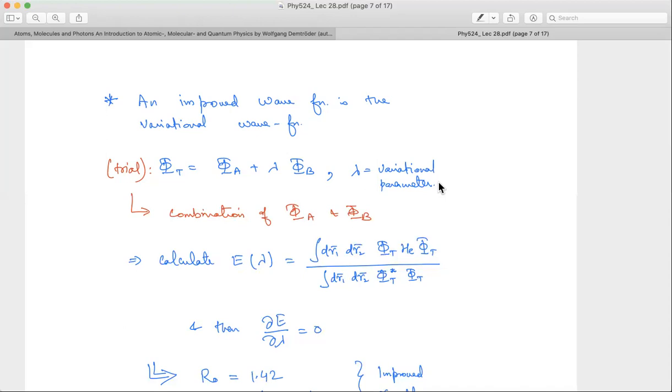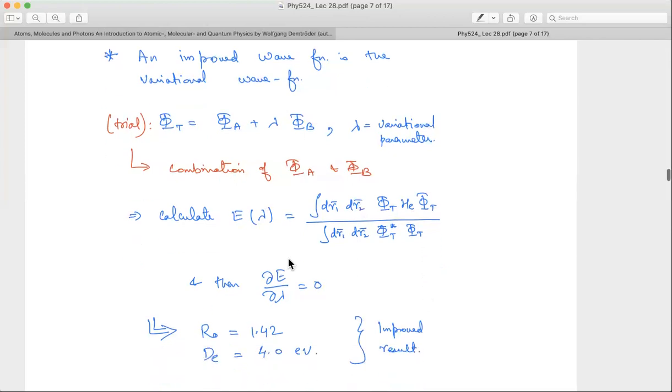You calculate E lambda by taking this trial wave function, sandwiching the electronic part of the Hamiltonian between it, and then calculating the overlap. So I'll get some energy. Then I'll calculate dE by d lambda and set it to 0, and that will give me some optimal value of lambda. For that value of lambda, I'll get this E versus R plot.